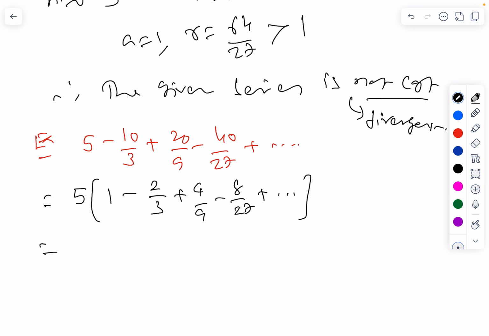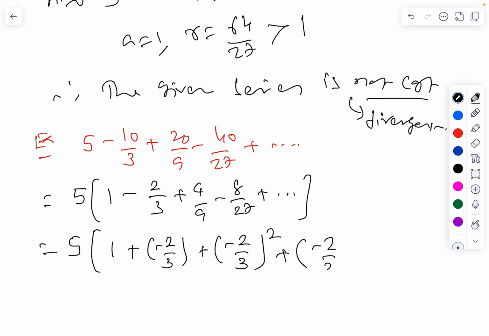Okay, so this is equal to 5 and this is like 1, then we write plus minus 2 by 3, then we write plus minus 2 by 3 square, then we write plus minus 2 by 3 cube and so on.